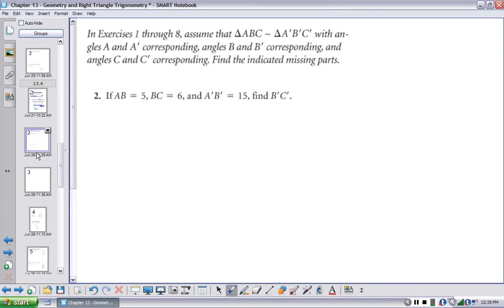Find the indicated missing parts. So it is good to draw two similar triangles. A, B, C, A prime, B prime, C prime.